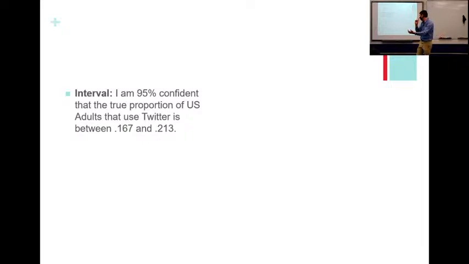So to recap, number one, we're looking for 95% confident. What's the actual parameter, the actual proportion of U.S. adults, is between, and then give your two boundaries, 0.167 and 0.213.